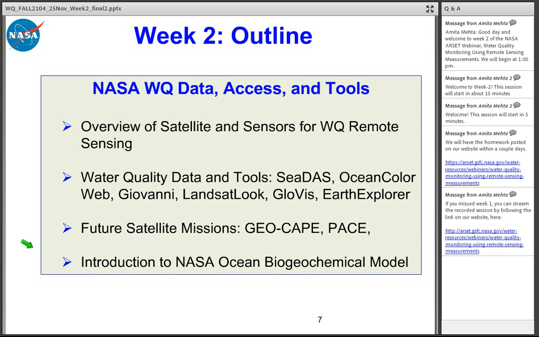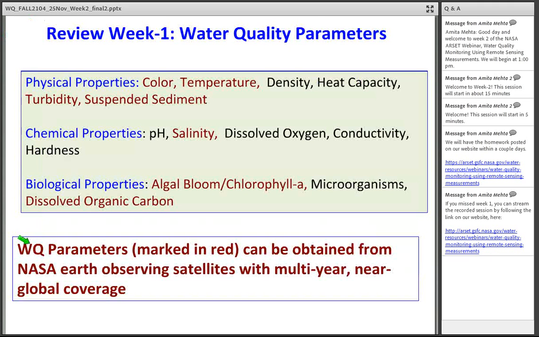The objective here is to provide information about these as reference information so that anyone who wants to refer to this can find what satellites, what sensors, what parameters, where to find them, and where to access them, where the websites are. So there is a lot of information, and please bear with us as we work through it. And if you have any questions, we'll talk to you at the end.